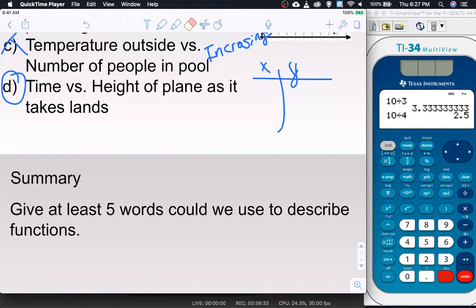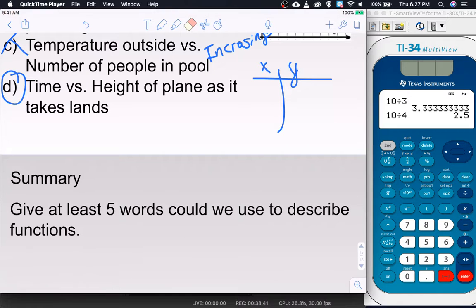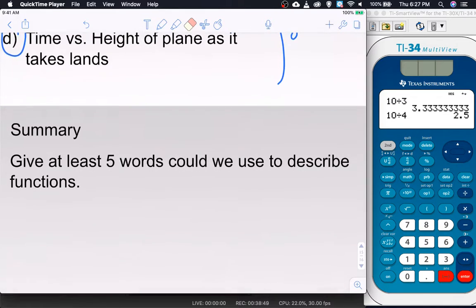Could you please pause the video and describe at least 5 words you can use to describe functions? Give 5 of them. Pause the video, come up with 5 words right now, and when you're ready to continue, hit play, and we'll go through it together. All right, so what did you come up with?